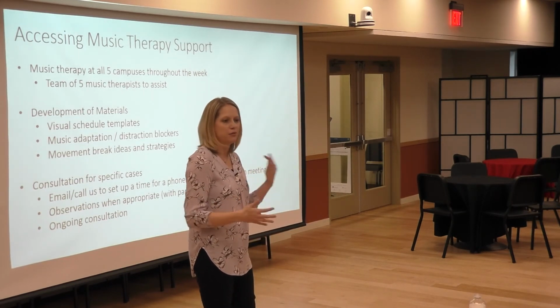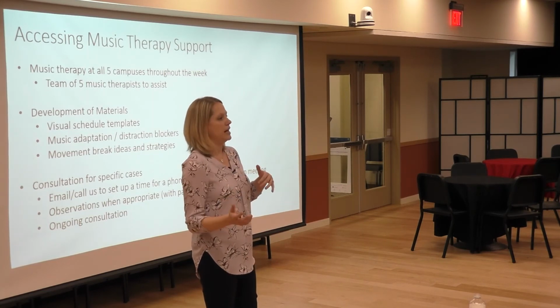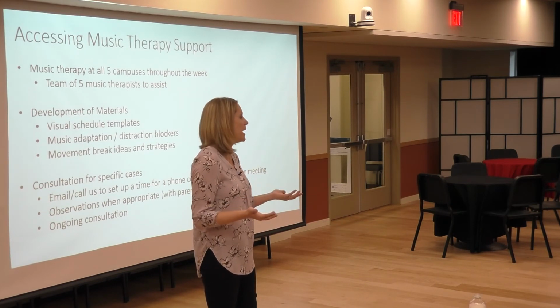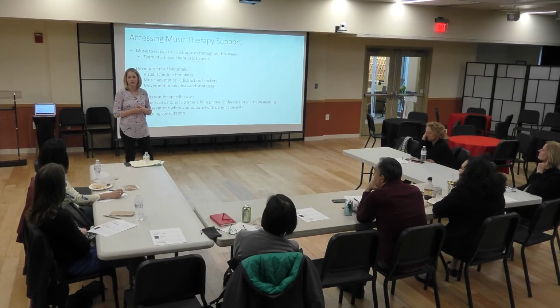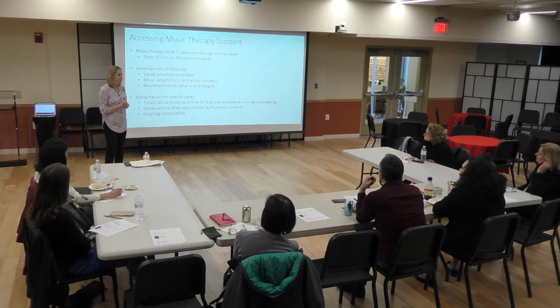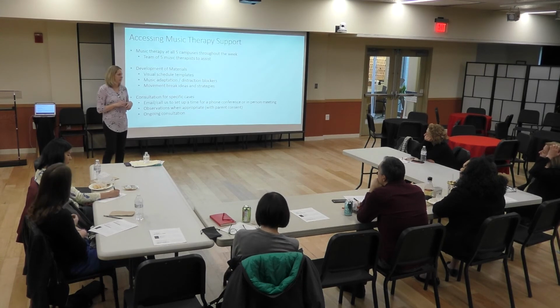But sometimes just chatting through things specifically for a student might help get a different lens on the situation, and we might be able to suggest some strategies to try out before we would even need to do an observation. But we're happy to do that at any time, so please feel free to reach out anytime. We love to be involved in whatever we can in order to help.